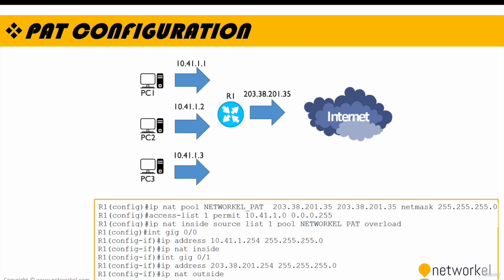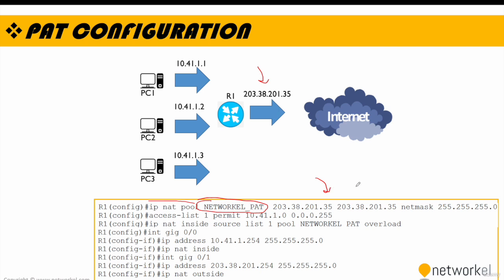On the other hand, we have PAT configuration. As you know, this is how I'm doing the PAT configuration. Again I need to define a pool, but this time, most of the time, there will be a single public IP with the PAT itself. So the configuration is again ip nat pool and the name of the pool, which is the network PAT pool in this case, and then I'm still defining my range.